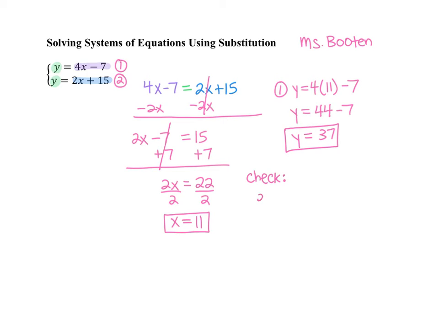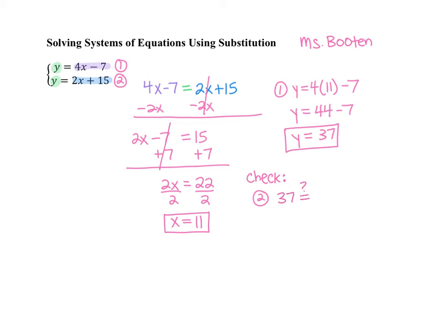So I'm going to check in equation 2 here. I'm going to use this equation, but instead of y, I'm going to substitute 37 because that's what I believe y is. And instead of x, I'm going to use 11 because that's what I believe x is for the solution to this system. So we write 37 instead of y equal, is it really equal to it?